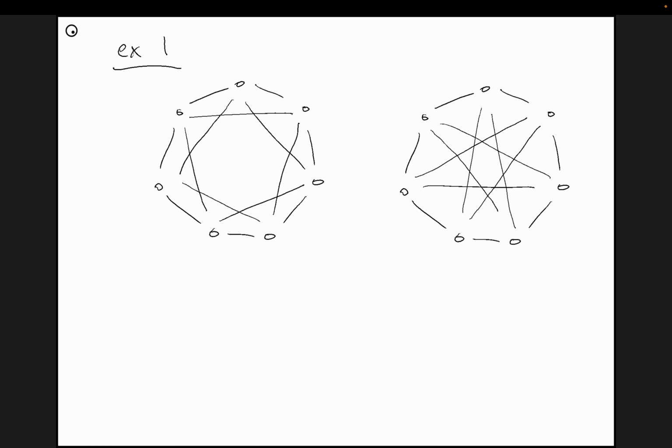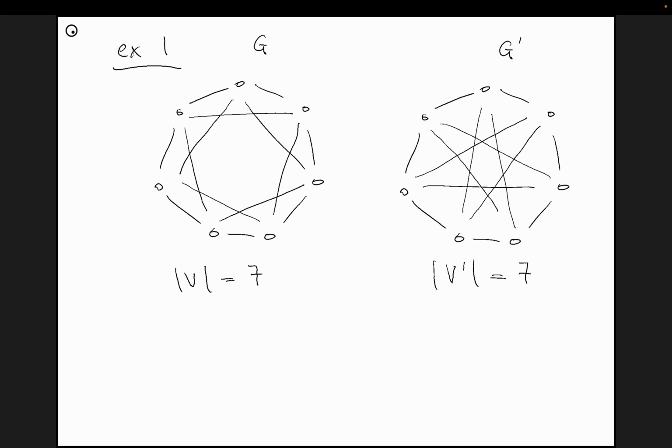So I have a graph, let's call it G and G prime. And now, I'm sure you can maybe see that they are isomorphic, but what does isomorphic mean again? Isomorphic means that we have a one-to-one correspondence between those vertex sets. So we see here we have 7 vertices, and we also have 7 vertices.